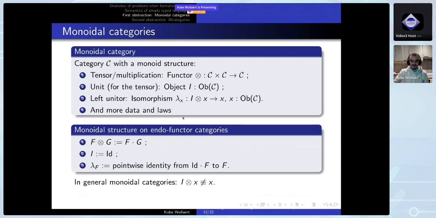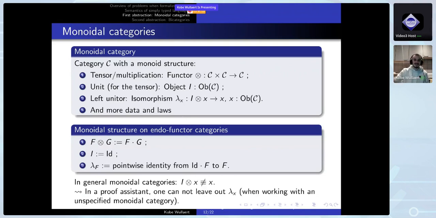The point of this slide is that if one works with an abstract monoidal category, and you tensor with the unit object, you don't get equality with the object that you started with. In the case here, we are interested in endofunctor categories, where composing with the identity gives natural transformations that are convertible, but as functors it is not.